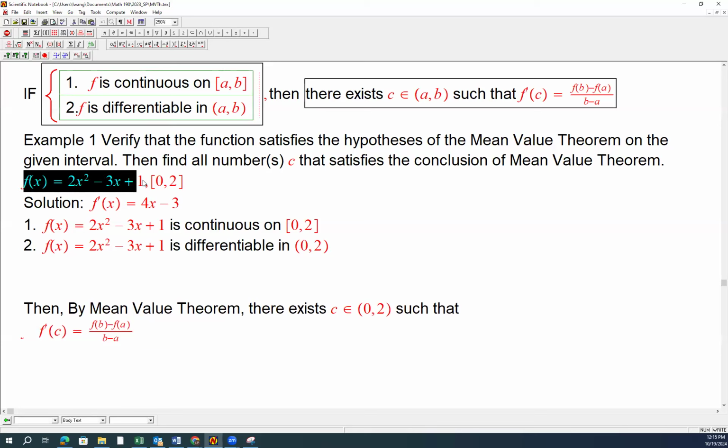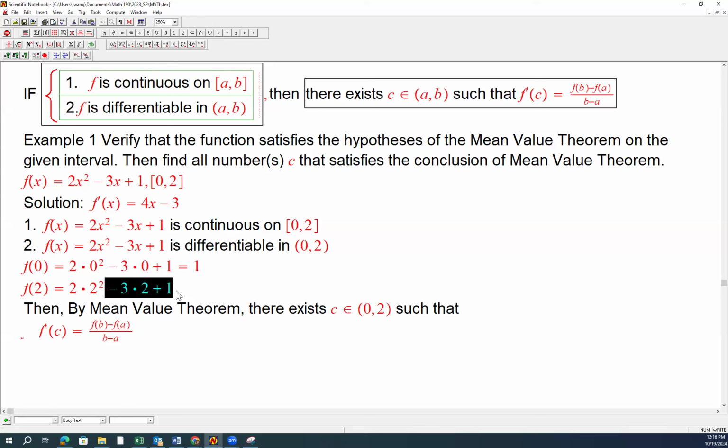So f(a), which is f(0), with x replaced by 0, equals 1. For f(b), b is 2, so x will be replaced by 2: 2 times 2 squared is 8, minus 5 is 3, right?